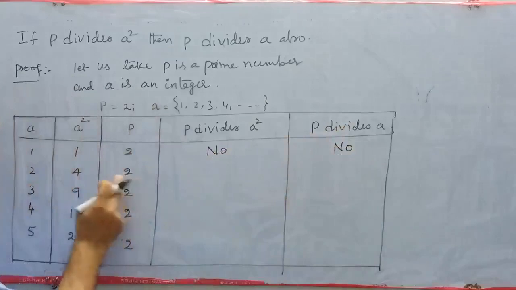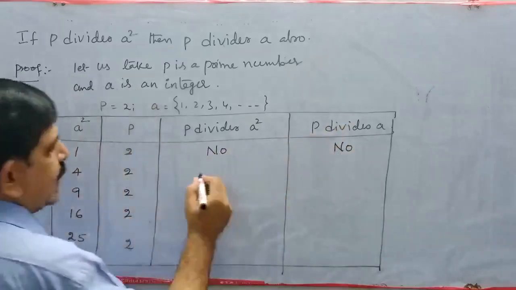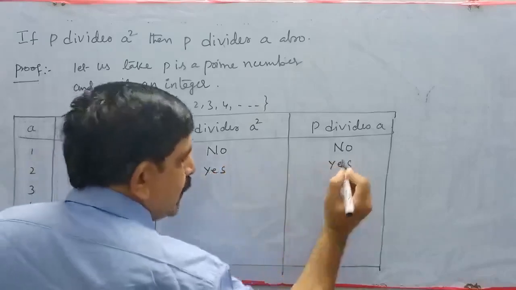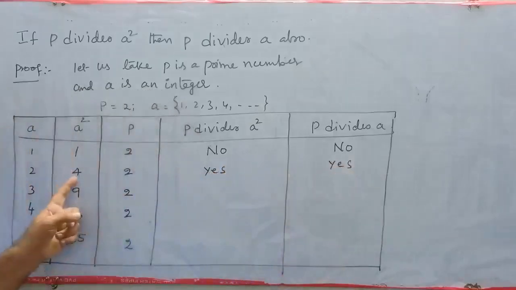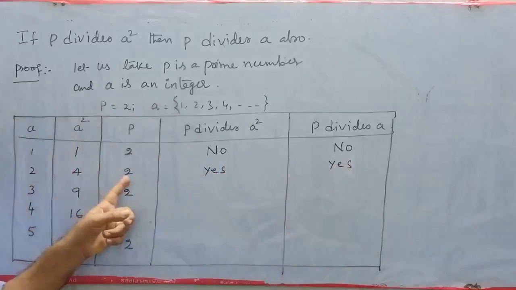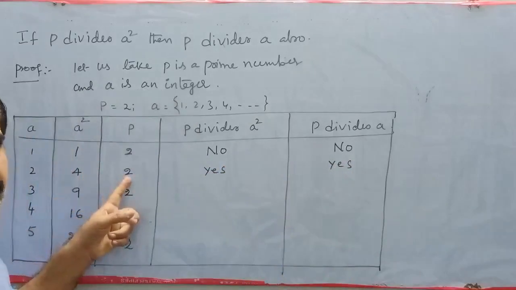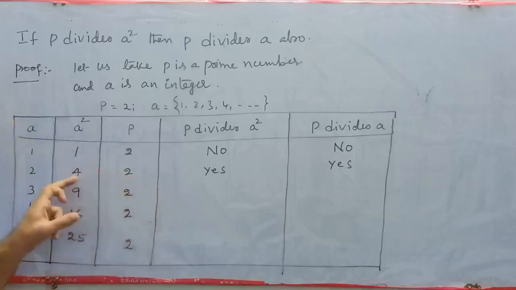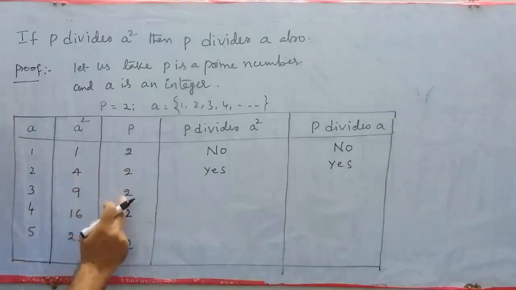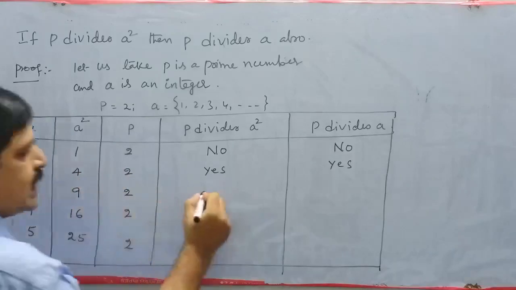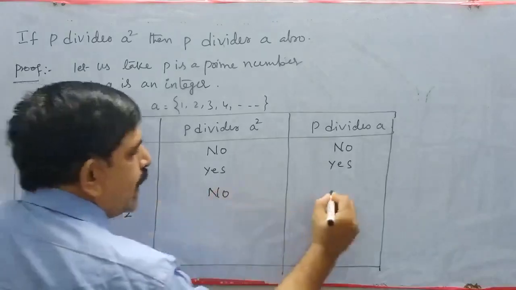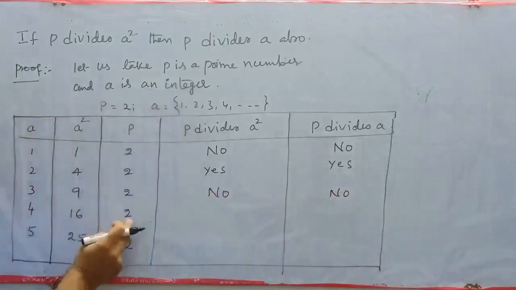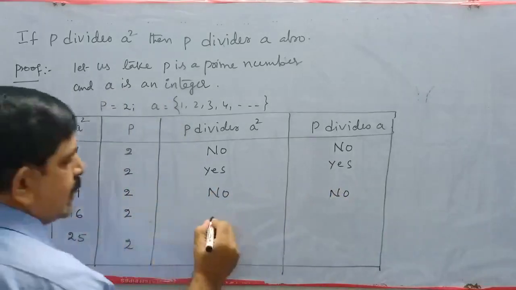Next, 2 divides 4. That is yes, and here also yes. Why? 4 divided by 2 is equal to how much? 2, 2 times, remainder 0. Therefore 2 divides 4. Next one, 2 divides 9. It is no. Here no. Next, 2 divides 16.